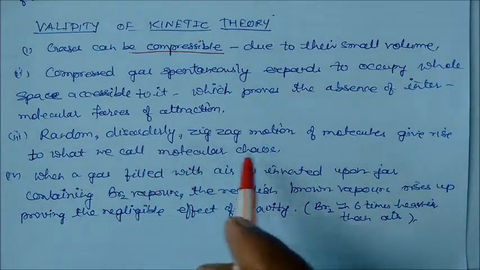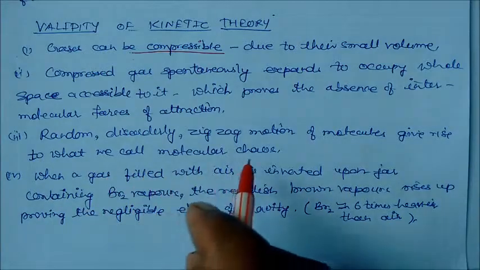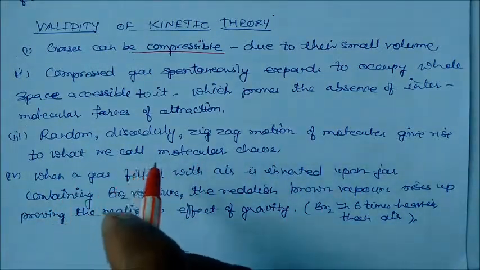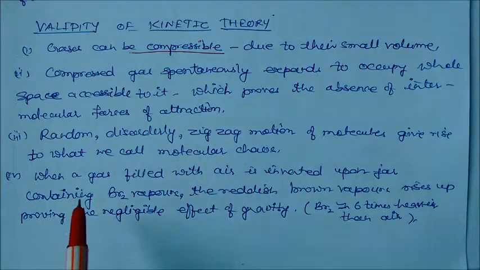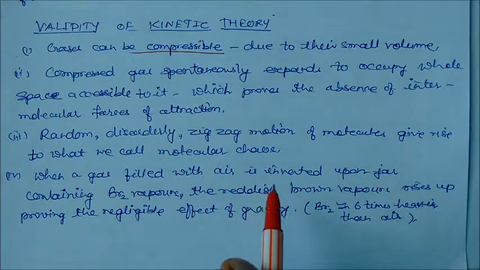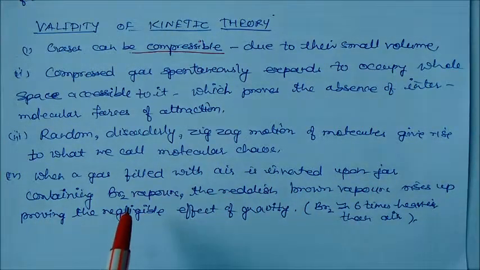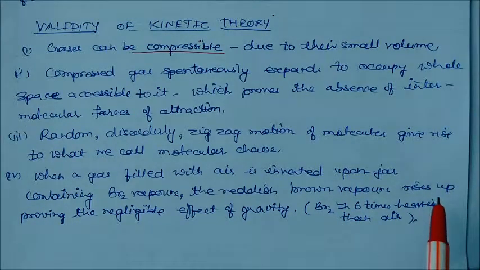Random, disorderly, zigzag motion of the molecules gives rise to what we call molecular chaos. Molecules are moving in any direction in a zigzag motion, so we can say these molecules have chaotic motion. When a jar filled with air is inverted upon a jar containing bromine vapors, which are colored reddish brown, the vapors rise up, and it proves the negligible effect of gravity.